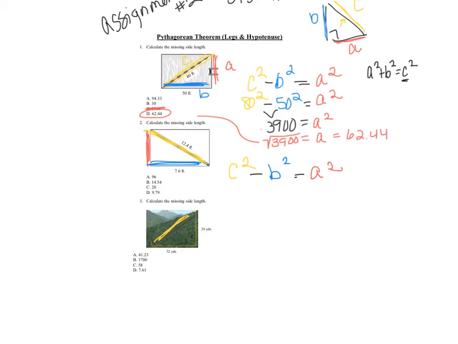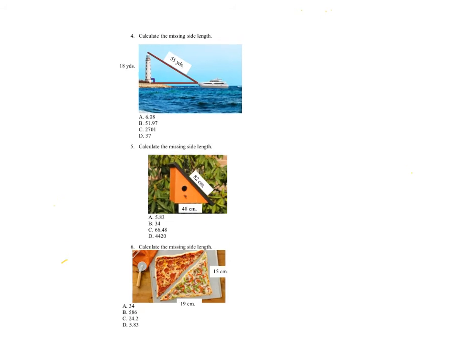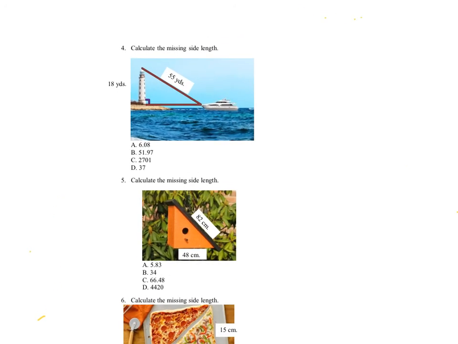And then on number 3, we don't have the hypotenuse. We don't know C. So that means we're going to add. We're going to use the regular formula, A squared plus B squared equals C squared. Okay, on number 4, you're going to have to subtract because you have C. So you're going to have to say C squared minus, we'll say that's A squared equals B squared.